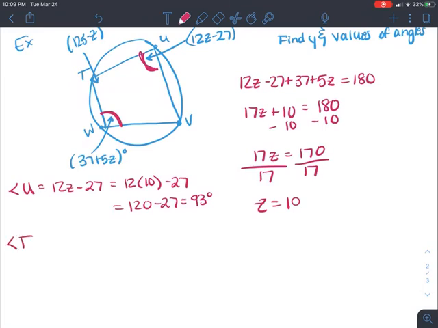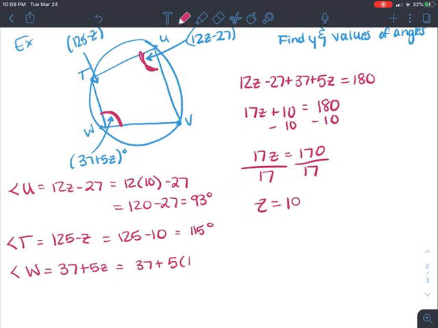Angle T is equal to 125 minus Z, so that's 125 minus 10, which gives me a total of 115 degrees. Angle W is equal to 37 plus 5Z, so 37 plus 5 times 10 is 37 plus 50, which gives me a total of 87 degrees.